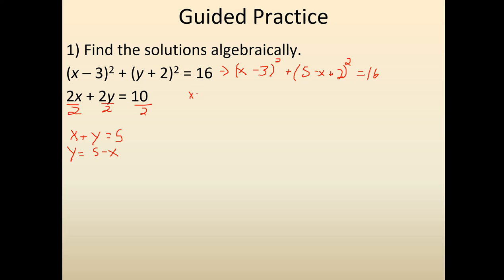So this is (x minus 3) squared plus (7 minus x) squared equals 16.